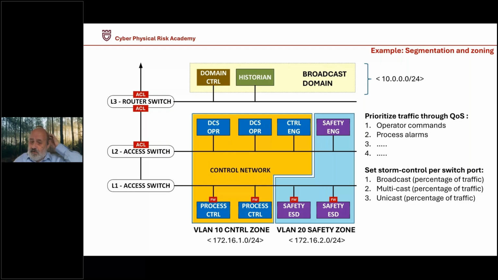In a Cisco environment, you have 88 different priority levels, but that depends a little bit on the type of equipment you use. But it's important that if I suddenly start a backup of an operator station or a DCS server, which is not shown here in this picture, I do not kill my real-time performance.